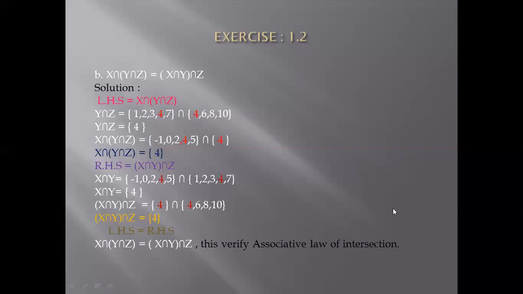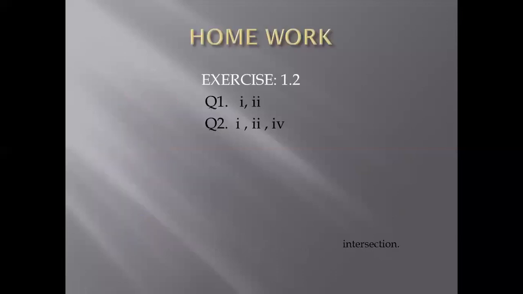Good. Now come to the homework. Question 1, parts A and B: the commutative law of union and the commutative law of intersection. In both parts, you will prove these two laws. And question 2, I did the third part for you.